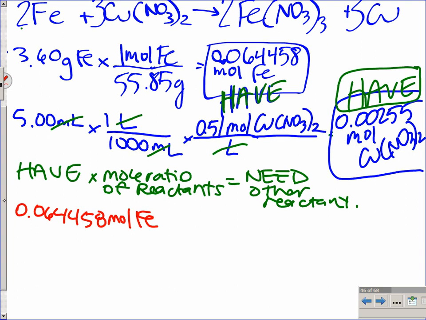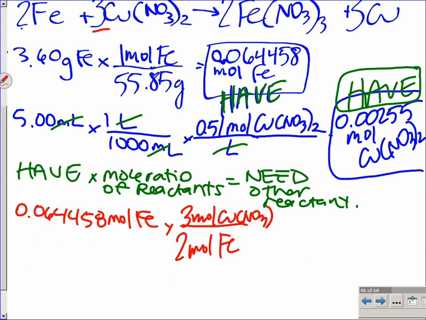Let's scooch up a little bit more. I'm going to put the 2 irons on the bottom, just like I always do, because my moles of iron should cancel. I'm going to put my 3 copper 2 nitrates on top, because I'm looking for that in particular. Okay, so what is 0.064558 times 3 over 2?